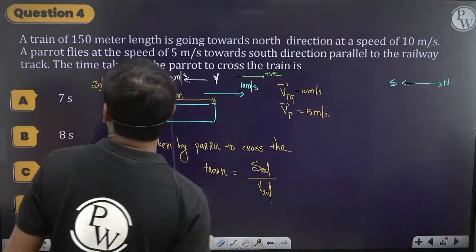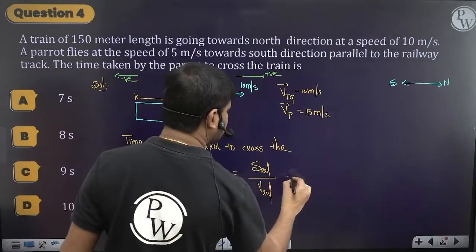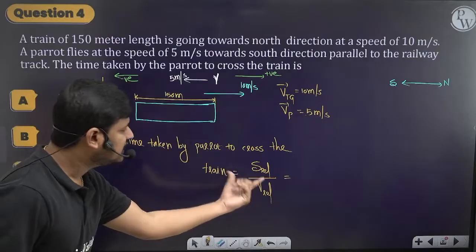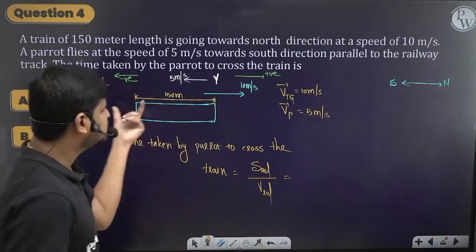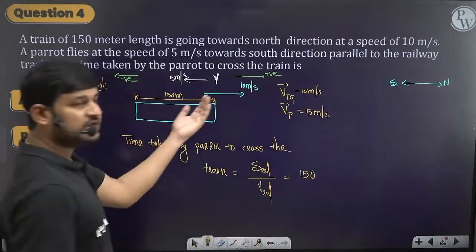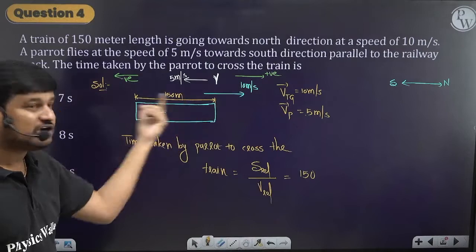Then the time taken. What is the total relative distance that it covers? It's going to be simply 150, the train length.